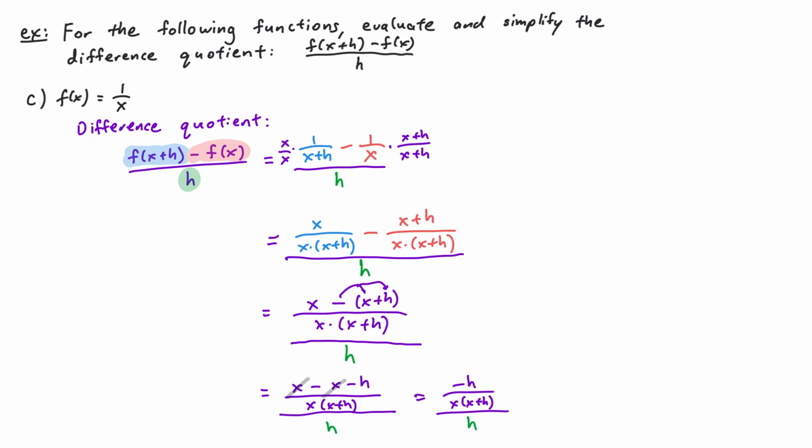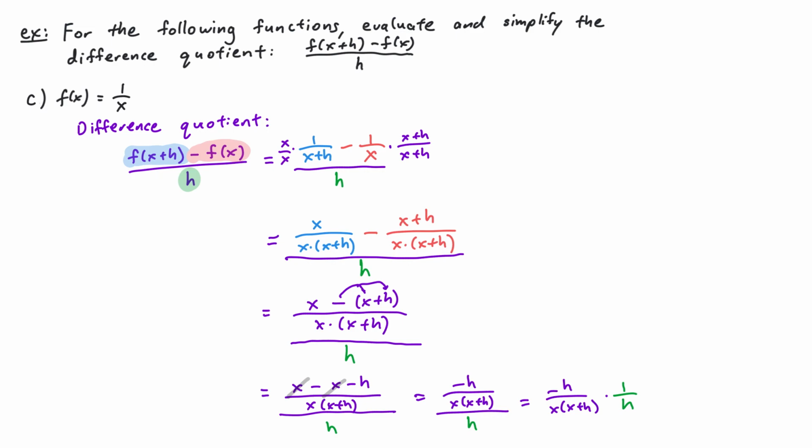Now what we have here is called a complex fraction, because we have a fraction where the numerator in itself is a fraction. To simplify complex fractions, instead of dividing, we can multiply by the reciprocal. So we can write this as negative h divided by x times x plus h, and then again, instead of dividing, we multiply by the reciprocal of the denominator, which is 1 over h.